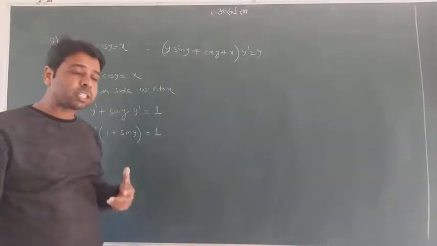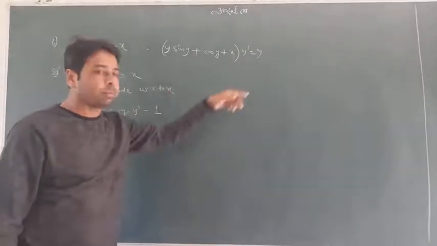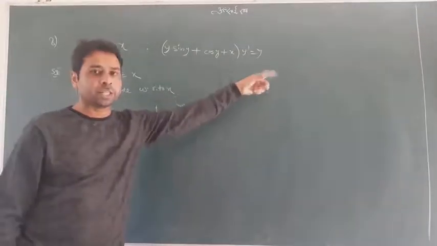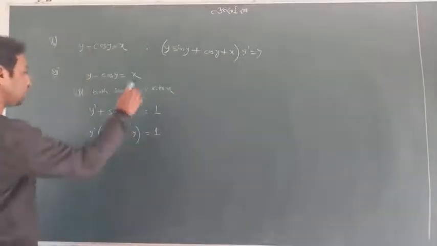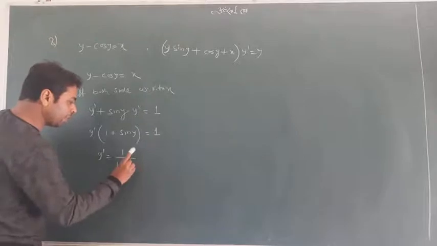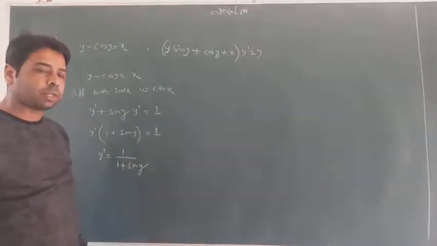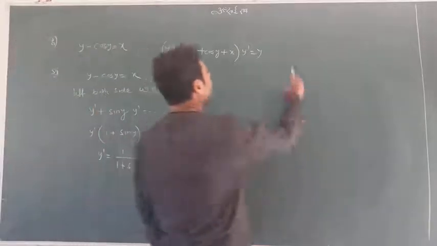So it seems tough, but I have a trick. Don't try to get hold of the term directly, but take the left hand side and get the right hand side. That's also a method. Okay, I'll go with this. First of all, I'll find y' = 1/(1 + sin y). That is the simple method. Then I'll take the left hand side.